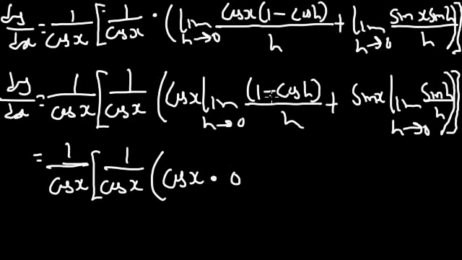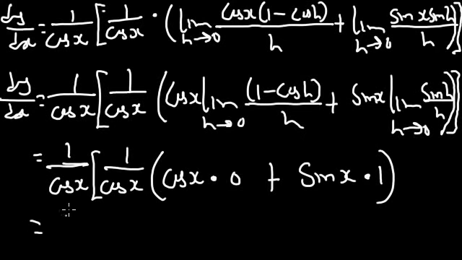Just type this entirely into your calculator, you should have 0. But make sure the calculator is in radians, or you yourself should plug in values approaching 0, like 0.000 something, into this expression and divide. You see that you'll end up with 0, plus sine x times 1 also. You need to understand that the limit as h approaches 0 of sine h over h also gives us 1.